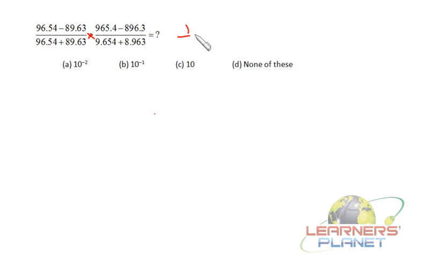Okay, so it will be getting 1 by 10 from these cancellations. Similarly, this 9.654 plus 8.963 will go to numerator, and that answer and this answer is same. And this number, that is 96.54 plus 89.63 will be 10 times of this. So further we'll be getting 1 by 10 since it is in denominator. So we are getting 1 upon 100, which is 10 raised to minus 2. As simple as that. Now you don't have to go for any sort of paperwork, you can just do it mentally.